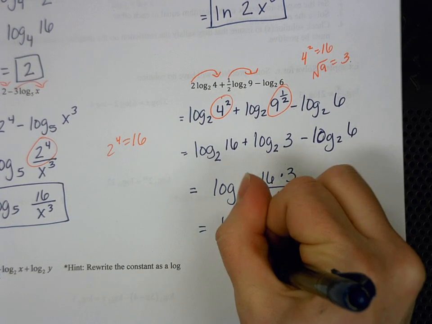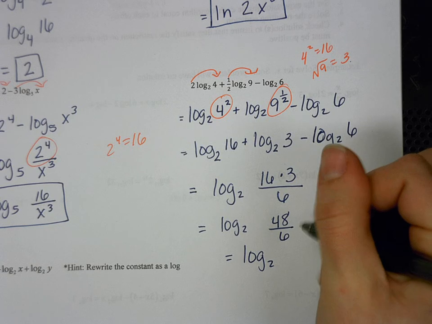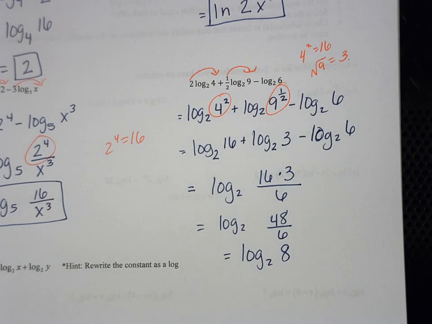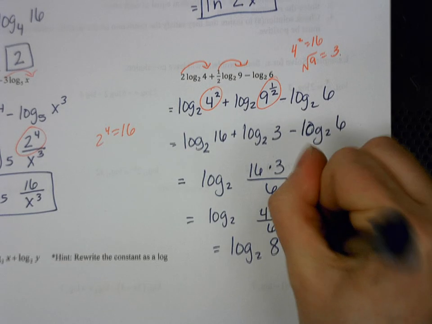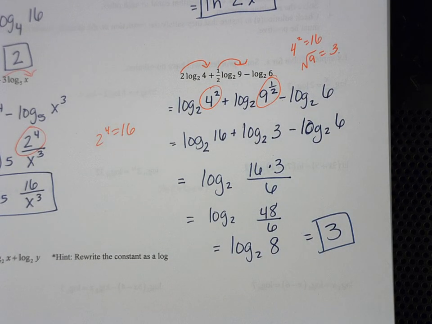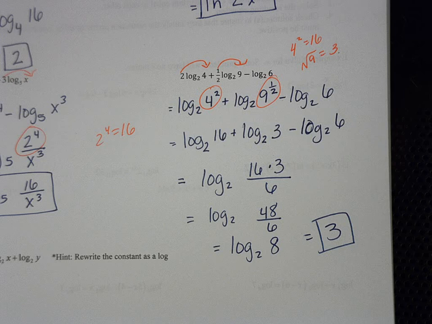Log base 2, 48 divided by 6 is 8. Can I evaluate that? 2 to what power gives me 8? 2 to the 3rd power. Love when it condenses to just one number.